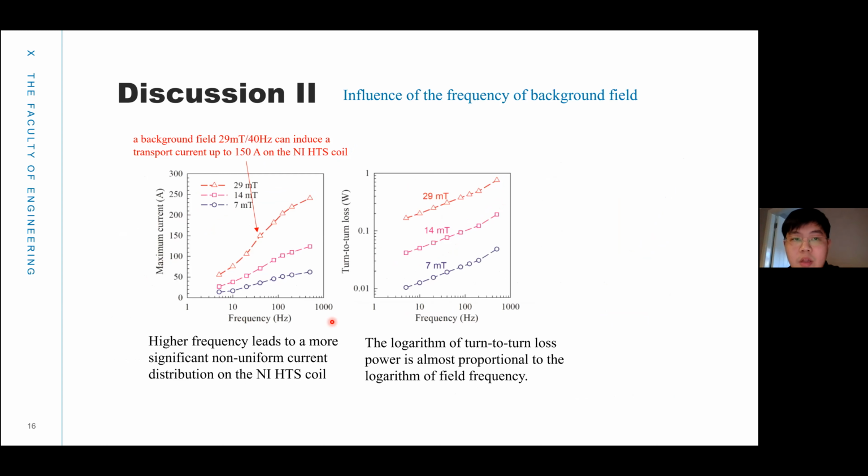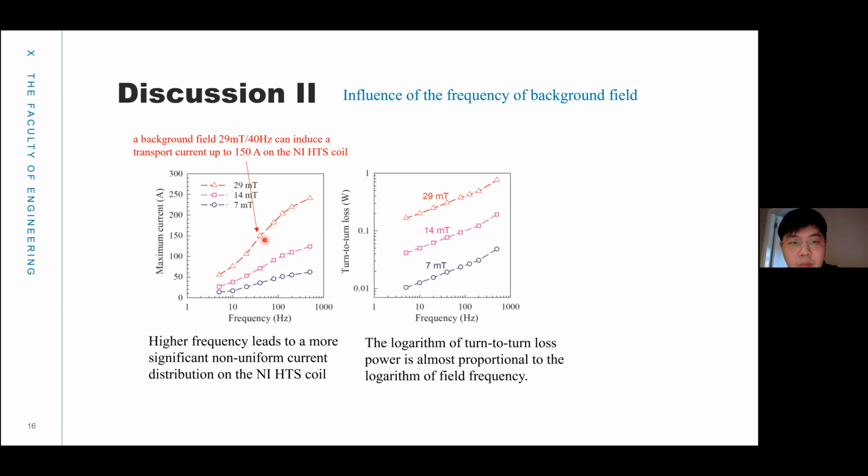We also discussed the influence of the frequency of the background field. From this part, when the frequency increases, the maximum current will increase, and higher frequency will lead to a more significant non-uniform current distribution in the NI-HTS coil.